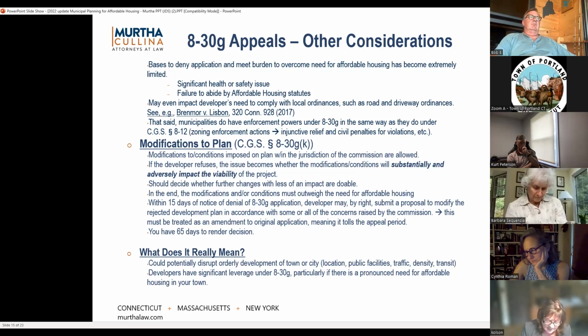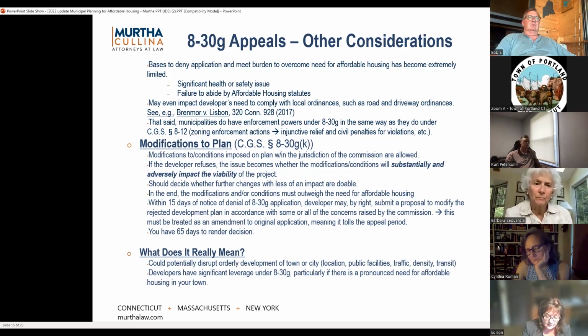So as we had defined the median income, it means after adjustments for family size, the lesser of the state median income or the area median income for the area in which the municipality is located.